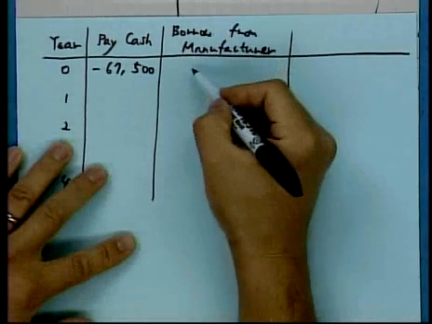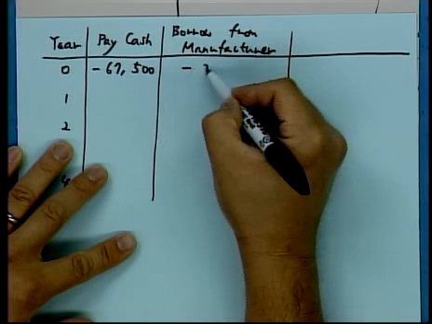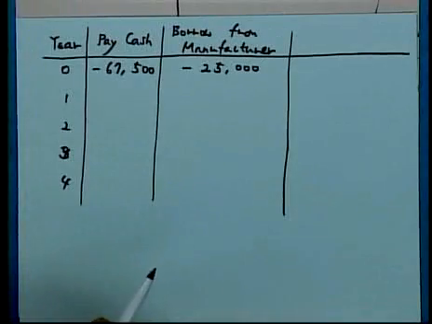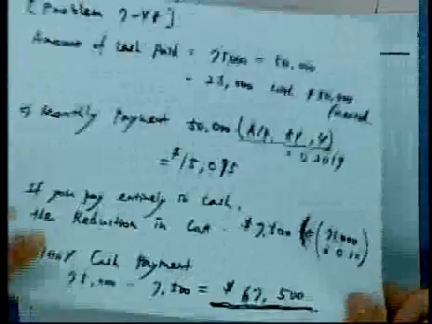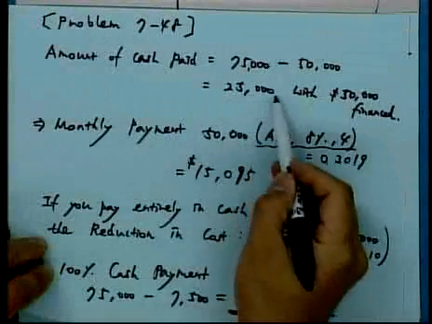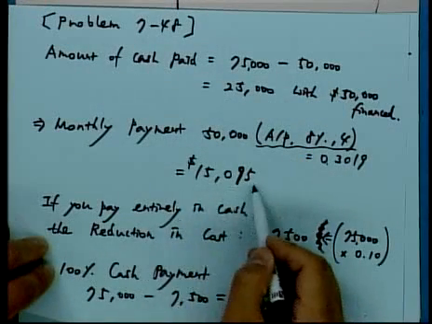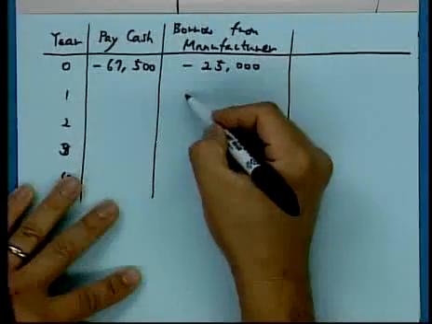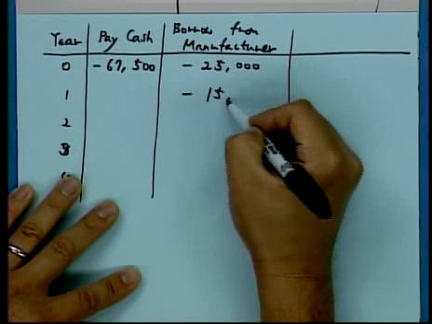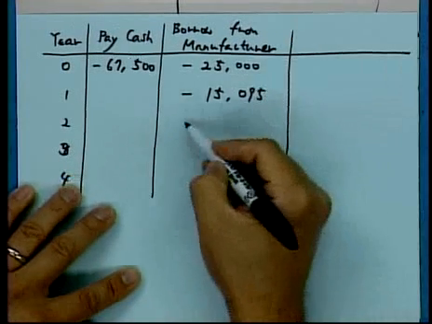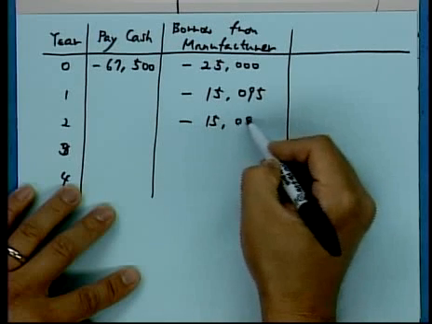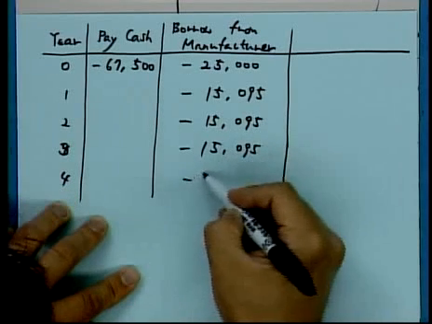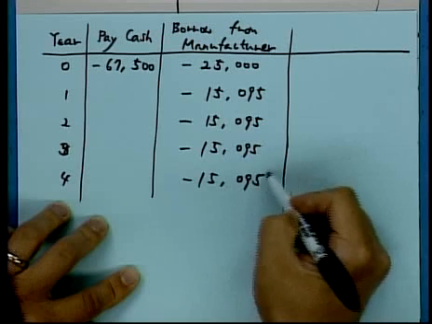So here at the end of period 0, we're going to put $25,000, right? And then the payments. Here we put $25,000, and the payments would be $15,095. Okay. So we need to put $15,095 each. Okay.